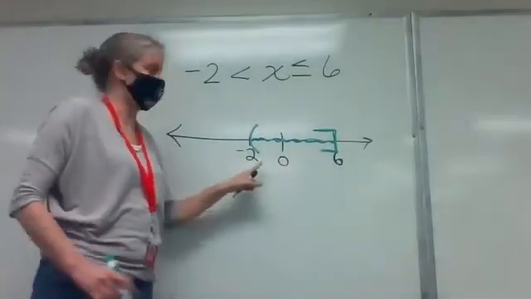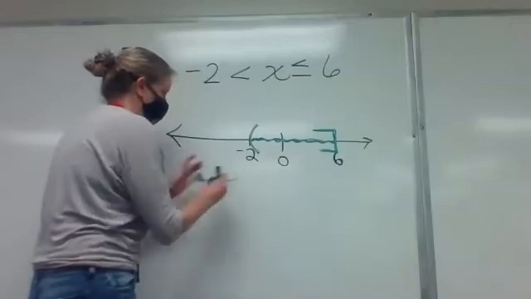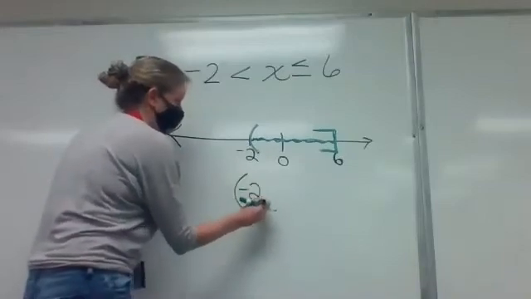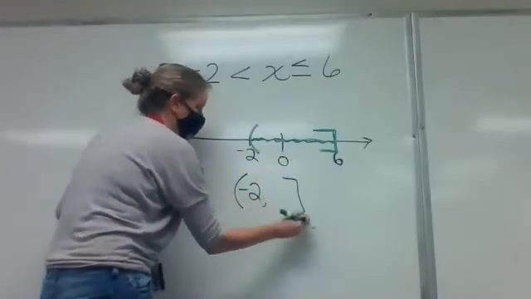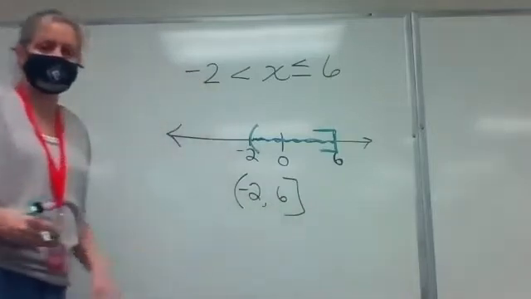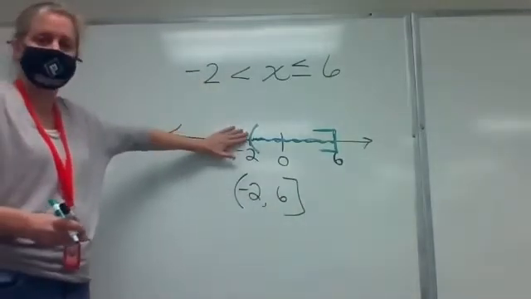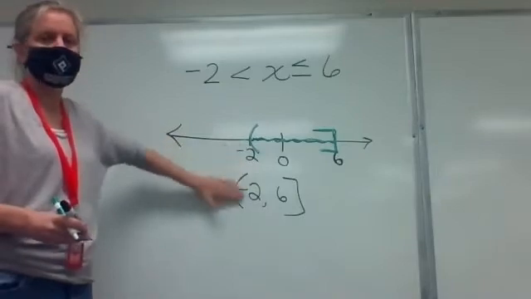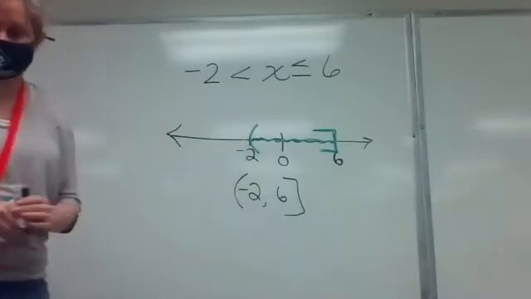And that's your interval notation. Open parentheses with a -2, and then the bracket around the 6. Again, if you've drawn it here right, then you're just copying it, essentially.